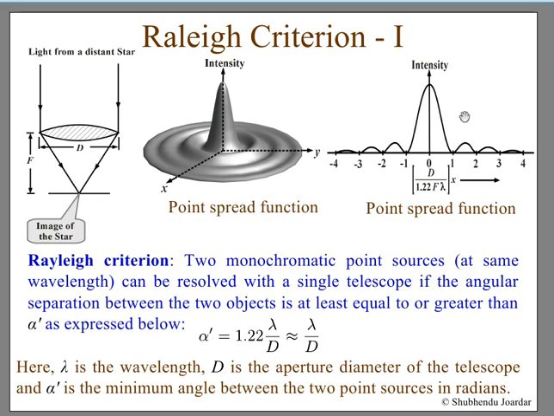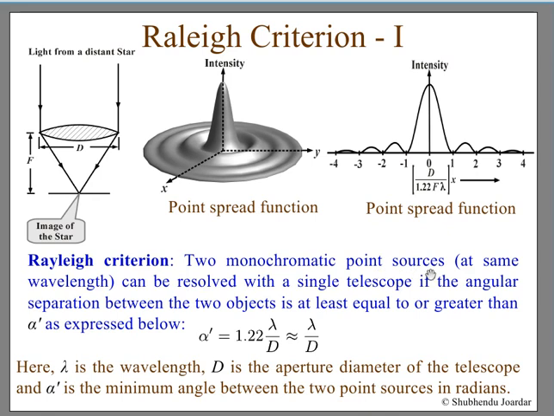They can overlap, but the best position is that it should be at the minima of this one. Where the intensity of the first object is minima, there the maxima of the second object will be. And this distance, or the angular distance if you calculate it, comes to around 1.22 lambda by D. So this is what the Rayleigh criterion is.